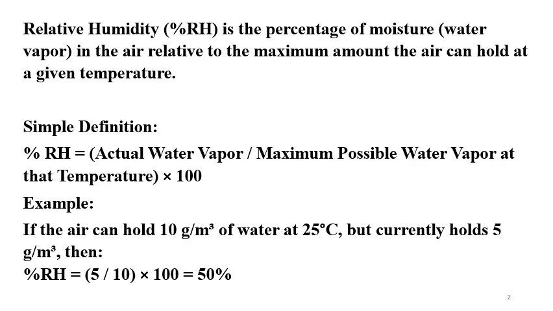So what is relative humidity? Relative humidity is denoted by percent RH. You might have seen the percent RH requirement for the pharmaceutical unit operations or processing, like not more than 50% or not more than 60% RH.